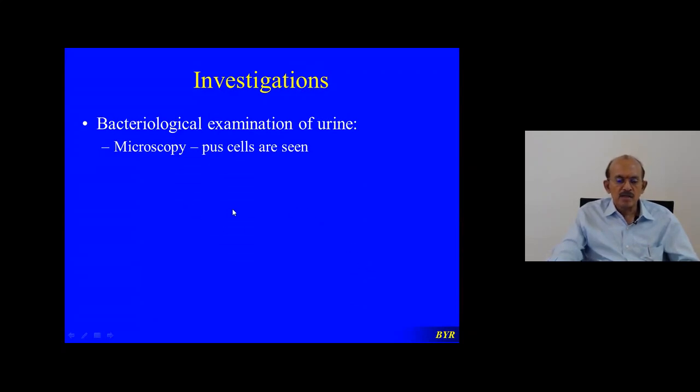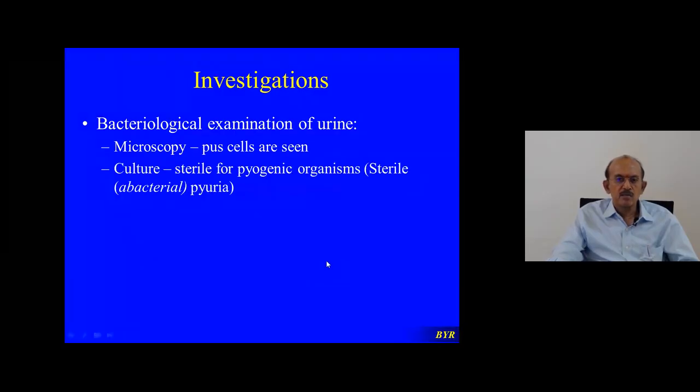So what is sterile pyuria? On microscopy, you will find pus cells. On culture, it is sterile. Why sterile? The ordinary culture, that is nutrient agar culture, can isolate gram-positive and gram-negative organisms.